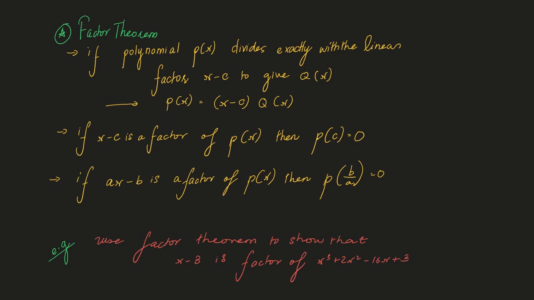So if x minus c is a factor of p(x), then p(c) is equal to 0, and you can clearly see why that would be the case. Since x minus c is the factor, what's going to happen here is c minus c times q(c).